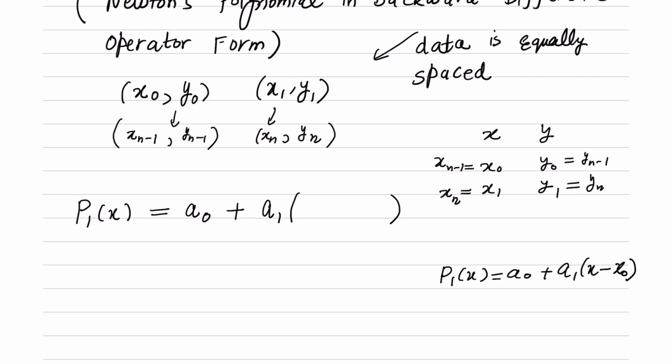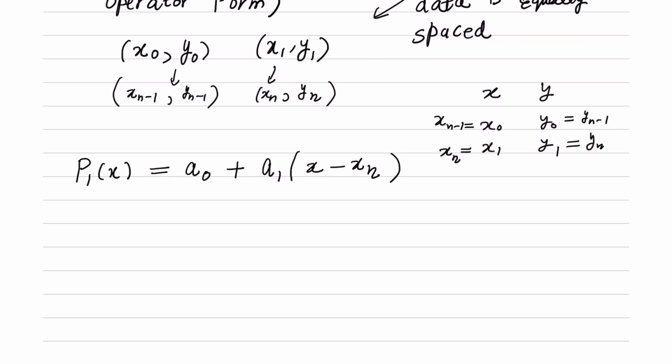But here, since we are starting with the bottom of the data, we write a0 plus a1 times x minus the last x, which is x1, but we have named it xn. That is Newton's polynomial of degree 1 for backward difference operator.